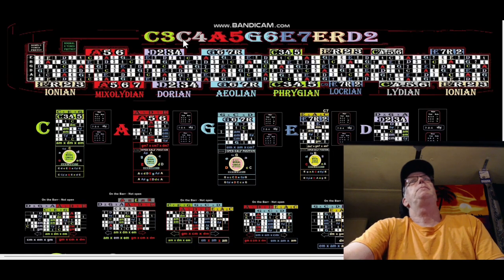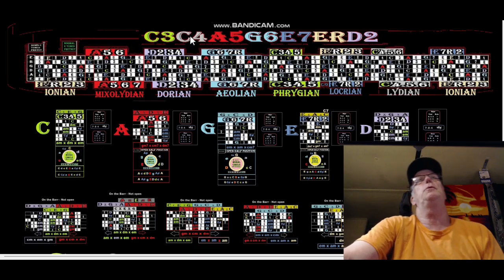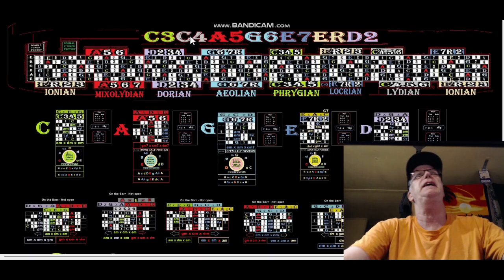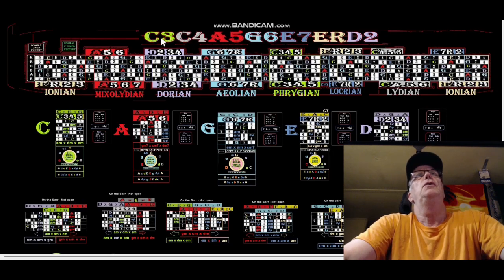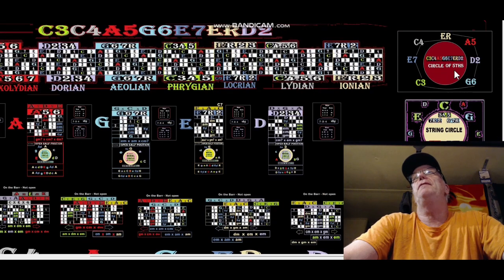So in this fretboard, here it is. We'll want to piece it together and look at the CAGED word. Then we're no longer looking at it in fifths. So this is the circle of fifths.